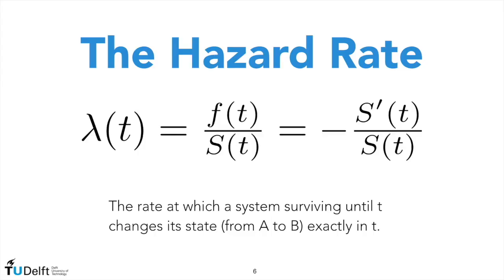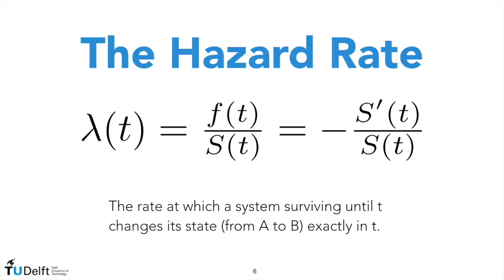The hazard rate tells us what is the rate at which that company will default exactly in t given the survivorship until t. The hazard rate is defined as the ratio between the density f of t and the survival function S of t.